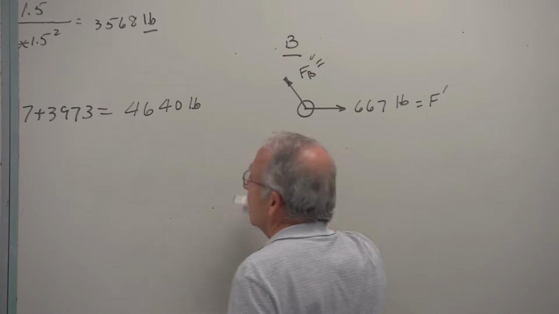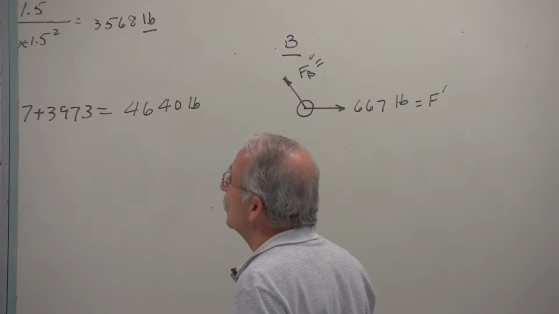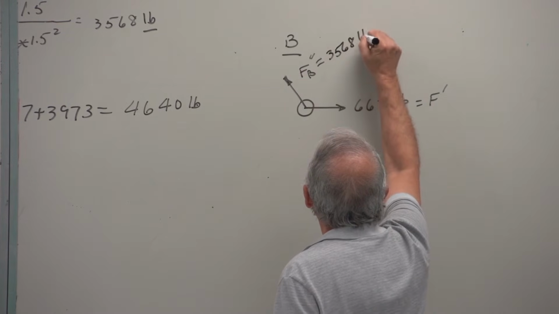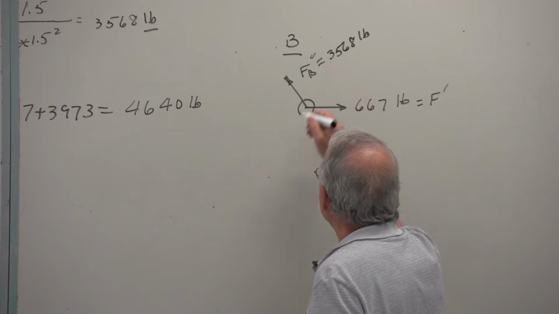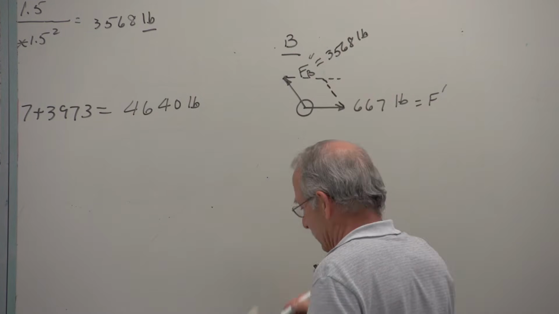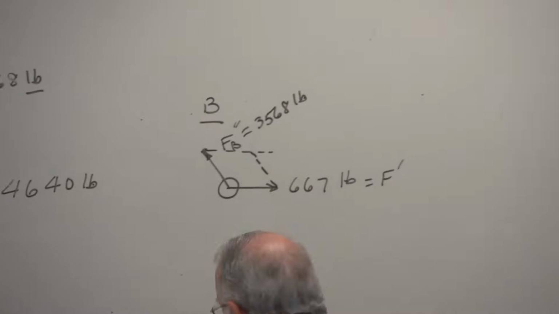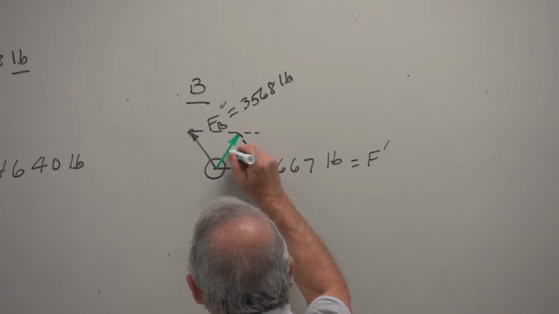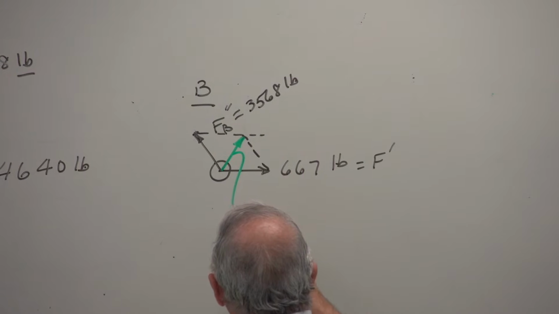FB double prime, sorry, which is equal to 3,568. You have to add those vectorially. That's FB.